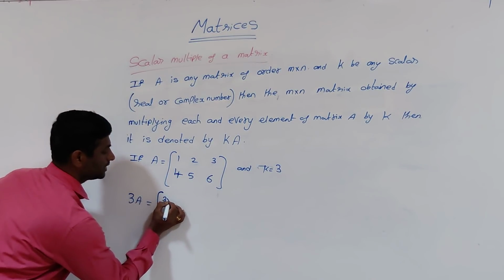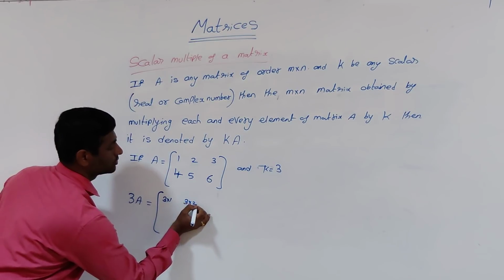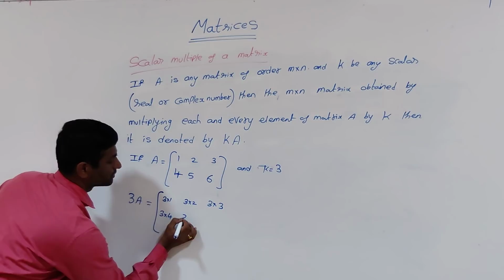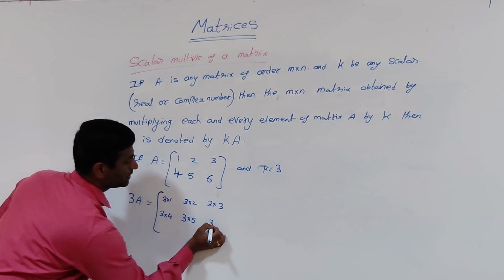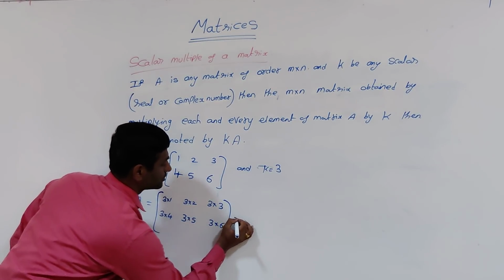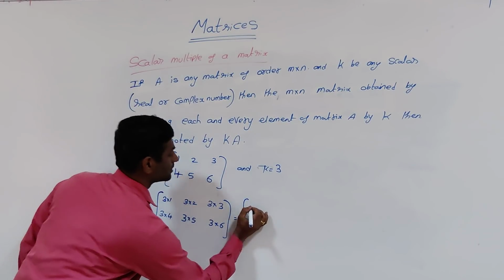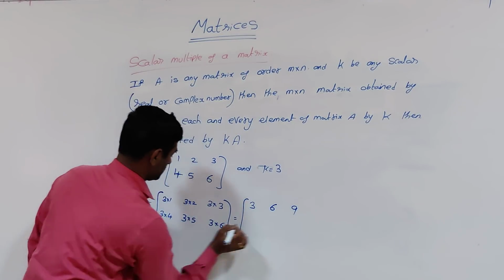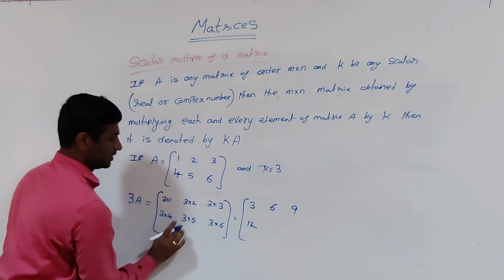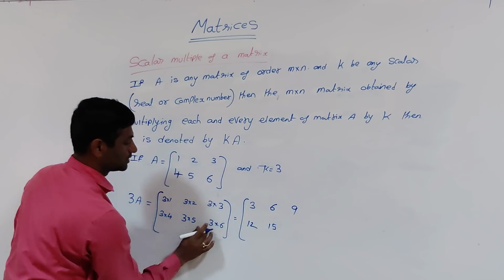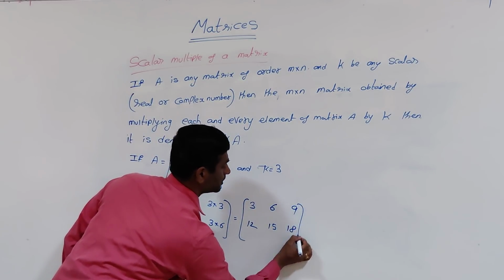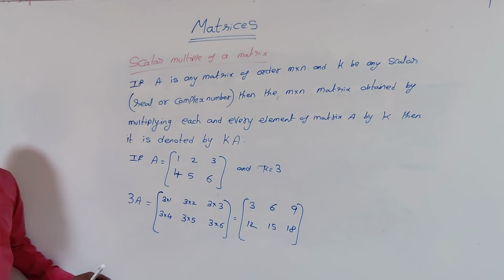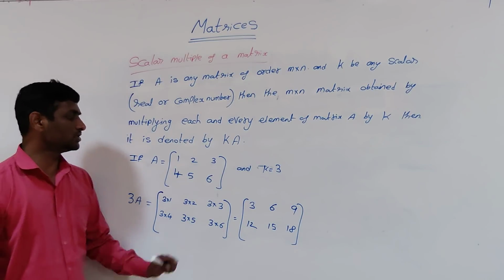So that is 3 into 1, 3 into 2, 3 into 3, 3 into 4, 3 into 5, 3 into 6. That gives 3, 6, 9, 12, 15, 18. So this is a scalar multiple of a matrix. So 3A is a new matrix of the same size 2 by 3.